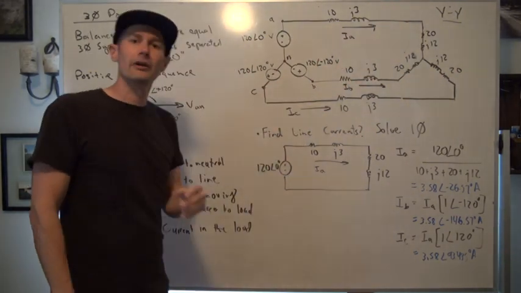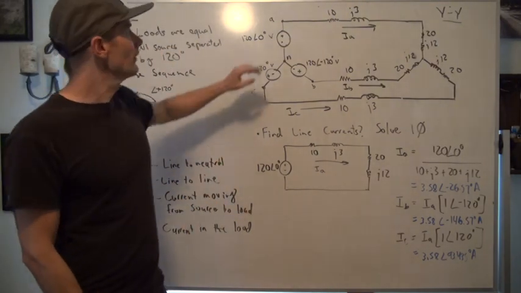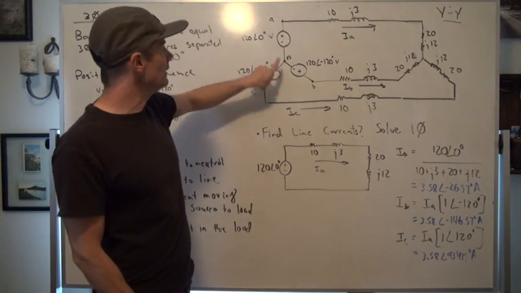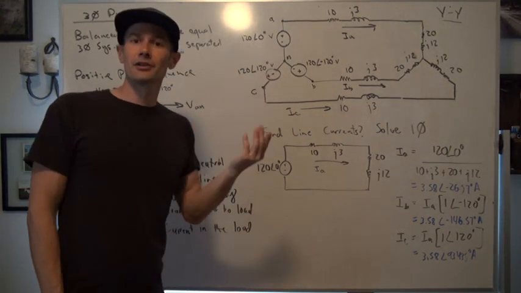And this is what we call a Y-to-Y system. Y connection generally means that all sources have a single point of contact in the middle, which is essentially the neutral.